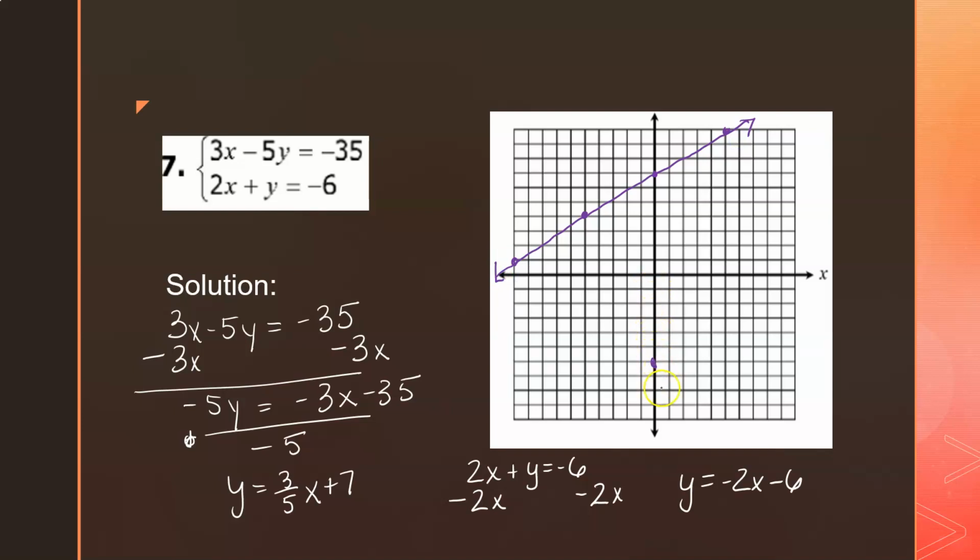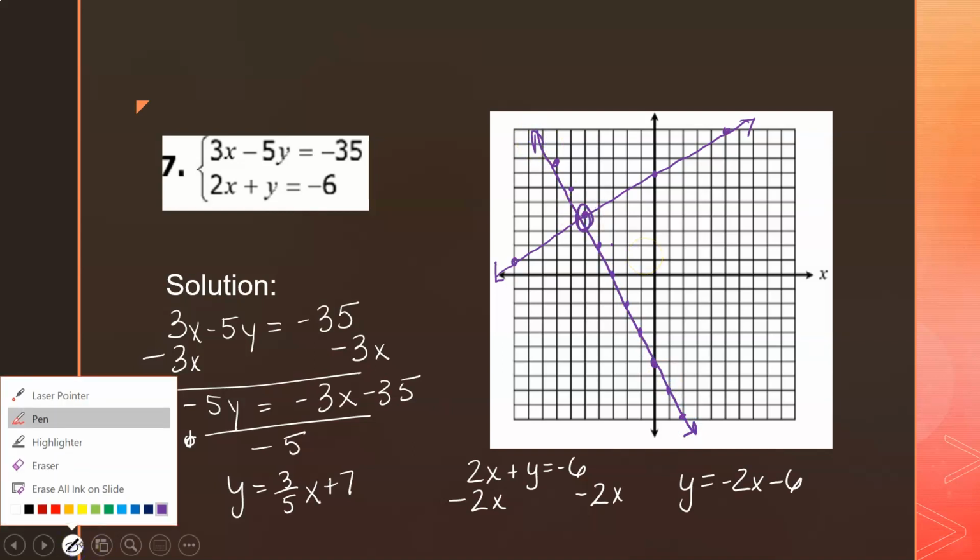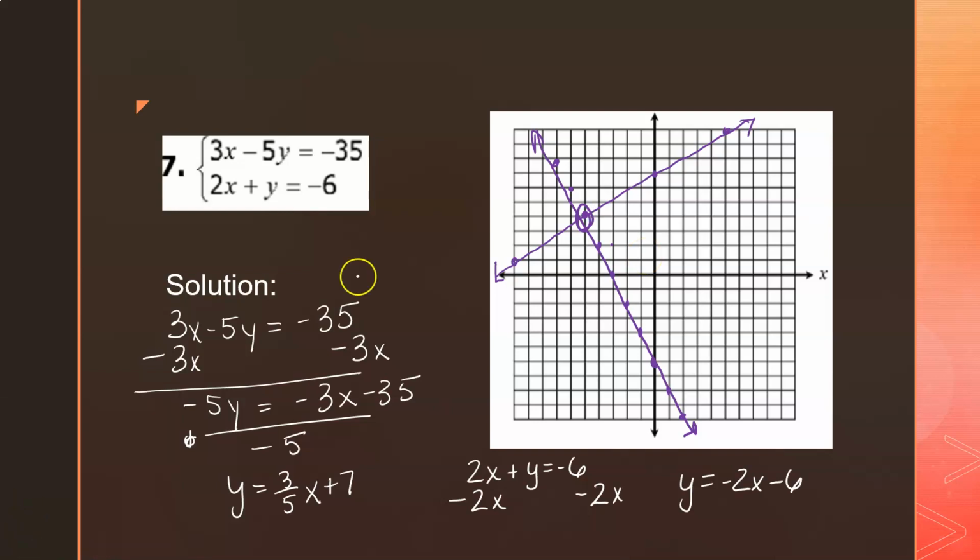And your slope is -2. So down 2 over 1. Up 2, left 1. Gotta go a long ways before we meet here. There it is. Here's our point of intersection. So our solution is -5, -4. That's the coordinates of the point of intersection.